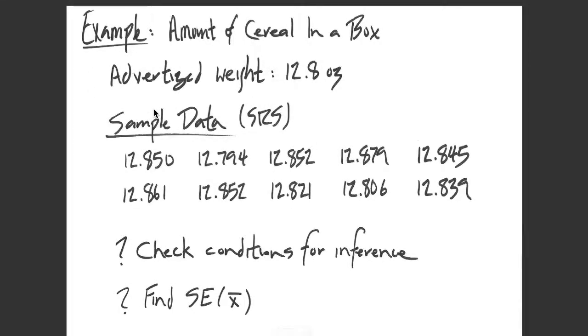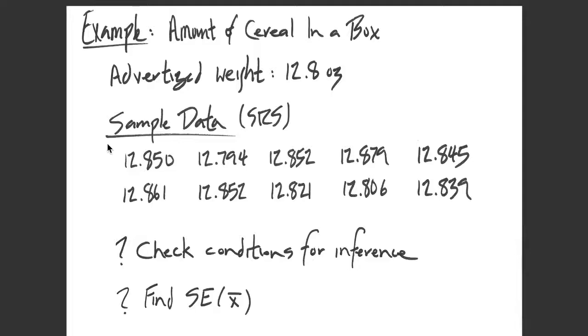Let's take a look at an example, in fact, right now. We actually looked at this example before. We have a cereal that advertises on the box 12.8 net ounces of product in the box. But a sample of 10 of these cereal boxes were weighed very carefully, and we get these values here for the weight of cereals in each box.